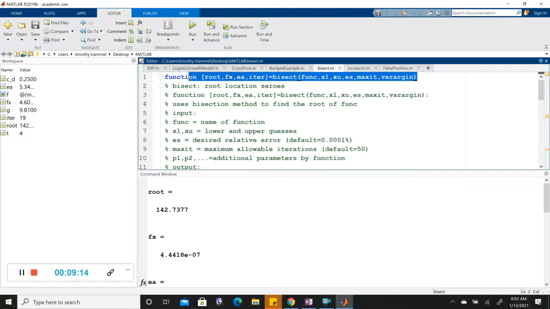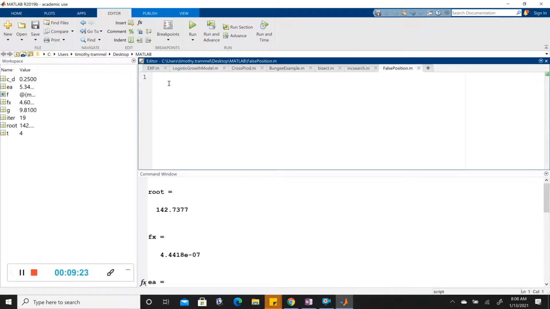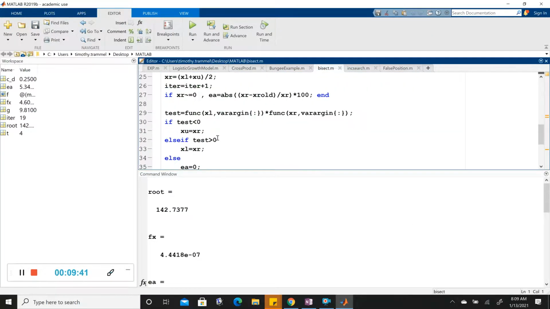Let's first just copy and paste this top line because we're going to have all the same features on the function. All right, and let's paste. And now let's just change the name of the function. We probably don't want it to still be called bisect. How about false position? Okay. And I'm not even going to bother with the comments here because they're the same.